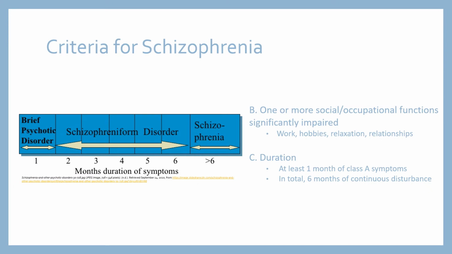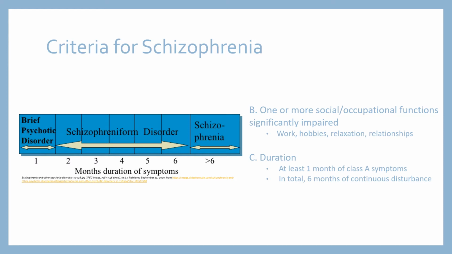There are many other criteria to determine if the patient has schizophrenia. Part B is whether a patient has one or more social or occupational functions that are significantly impaired.